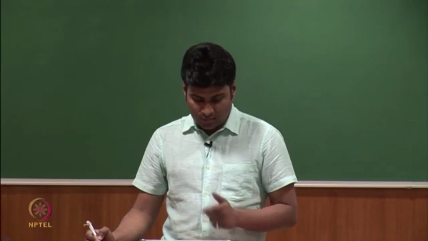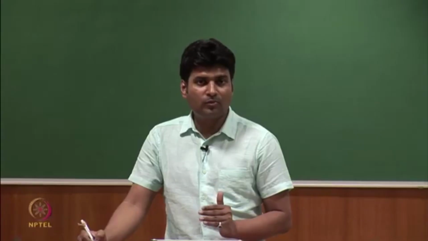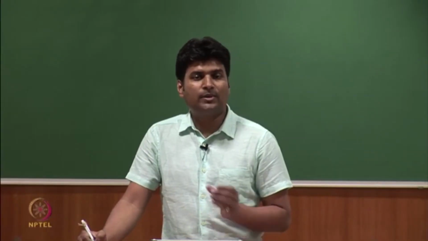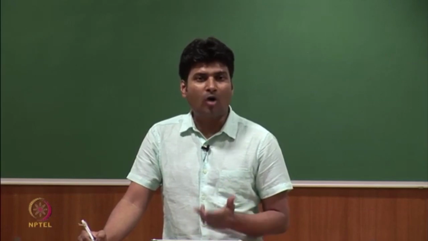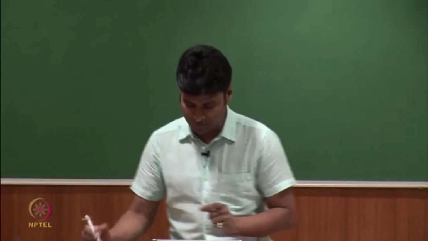So, in the new coordinate system, E1 hat, E2 hat, E3 hat, the representation of that same vector is going to be 1 0 0, right. I hope you got some idea that the vector is independent of the coordinate system, but its representation or its column form changes from one coordinate system to the other.